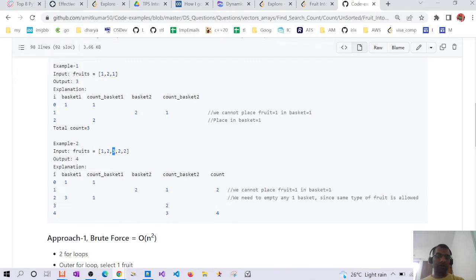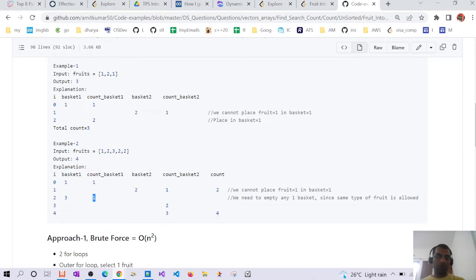That is, basket 1 has type 1, basket 2 has type 2. So we cannot place this 3 into any basket. So we just count the total number of fruits so far. The count is 2, that is 1 and 2, and we drop one of the fruits from a basket. So I dropped this one and I placed fruit type 3 in basket 1.